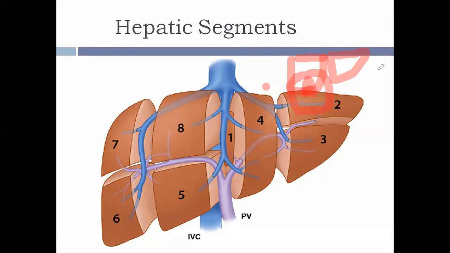So this left lobe is divided into medial and lateral. So this is the medial and this is the lateral. Now, these parts are divided again by a plane into upper and lower part.